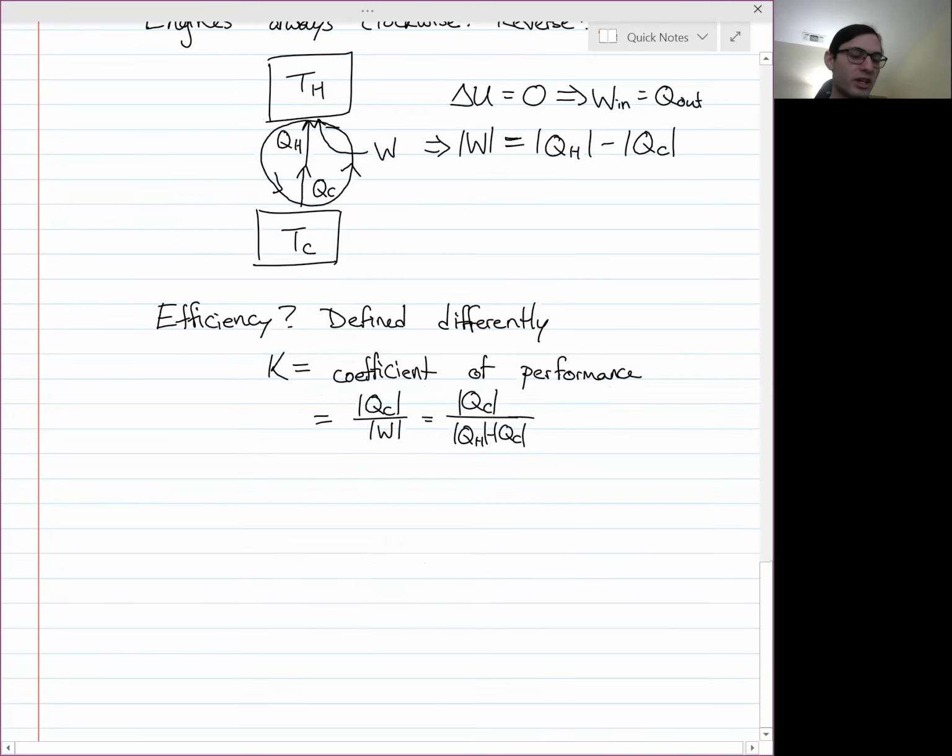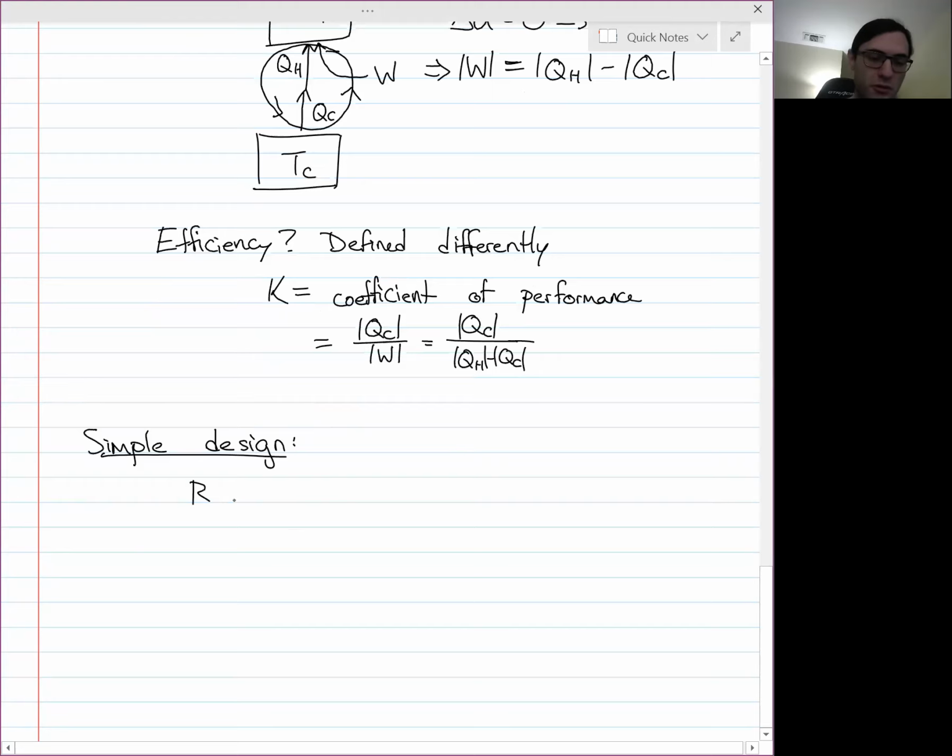So we can talk about a relatively simple design of a refrigerator. So let's do that just for some practical applications. So in this design, the reservoirs are as follows. So the cold reservoir is the refrigerated region. That is the region that we are interested in.